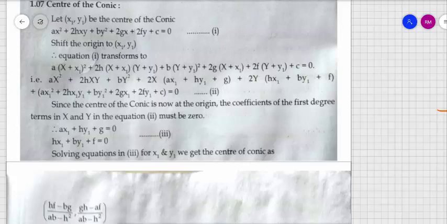Now this equation 2, its center is now origin. The coefficient of first degree term in x and y in the equation 2 must be 0.